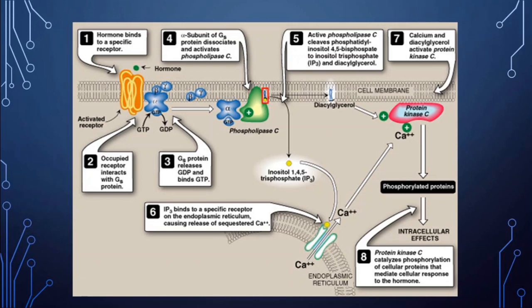But for cyclic AMP, the alpha subunit activates adenyl cyclase. Here the alpha subunit activates phospholipase C.